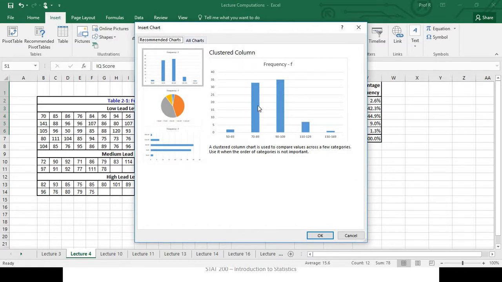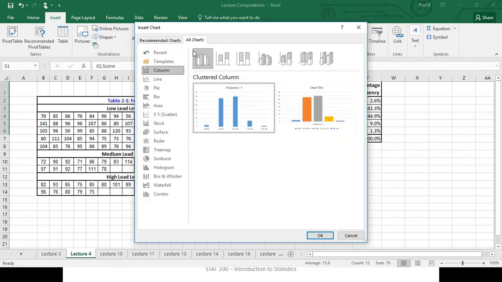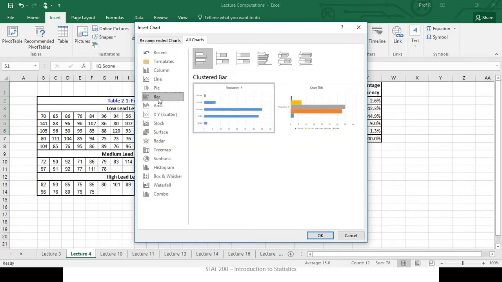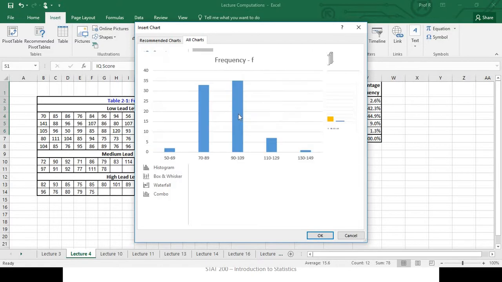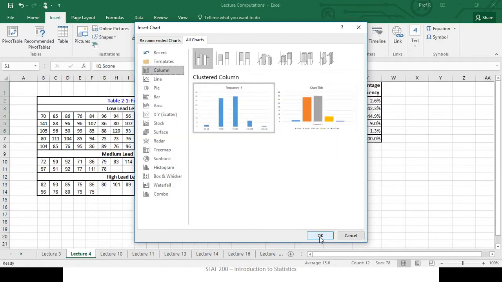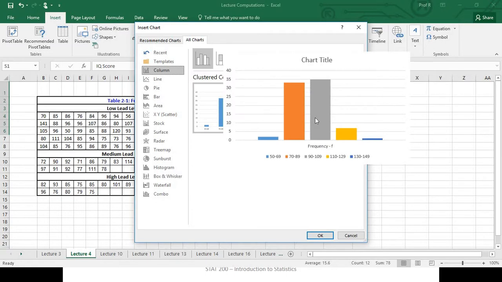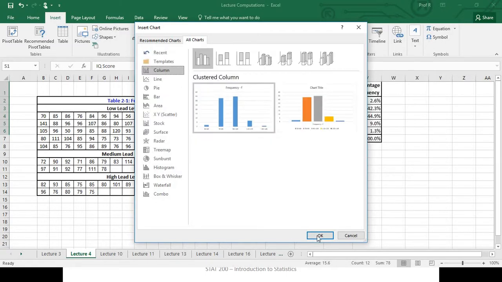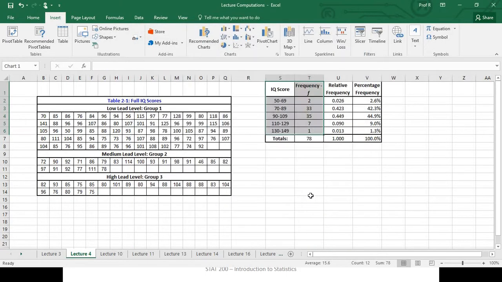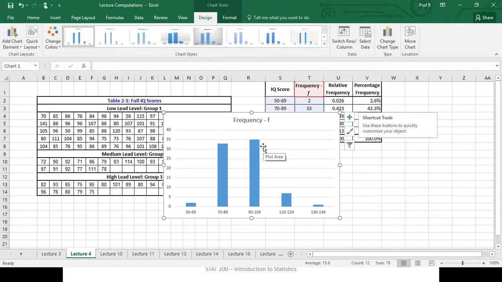Well, actually, that's it right there, the recommended chart that it gives us. But we're going to go to All Charts, and we'll look at a bar chart. Actually, we want a column chart. So a column chart that looks like that. We could do color, but we'll go ahead and accept it like that, and insert a histogram.